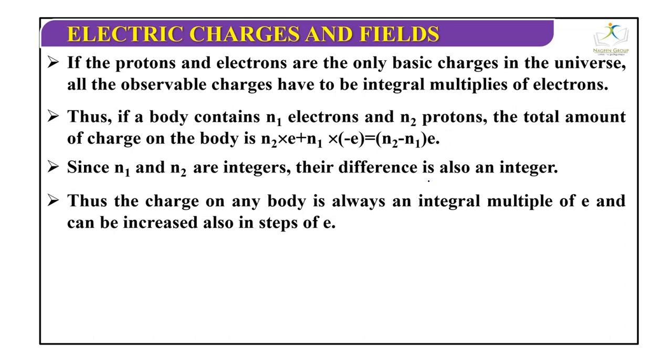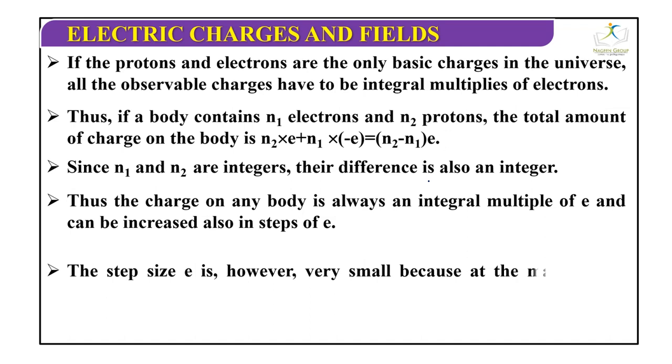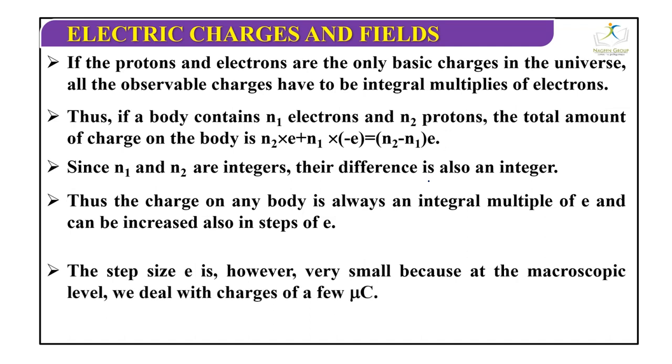Thus, the charge on a body is always an integral multiple of e and can be increased also in steps of e. The step size of e. What is the meaning of step size? Firstly, I just want to elaborate. Step size means if we want to transfer the charge, there will be some levels.